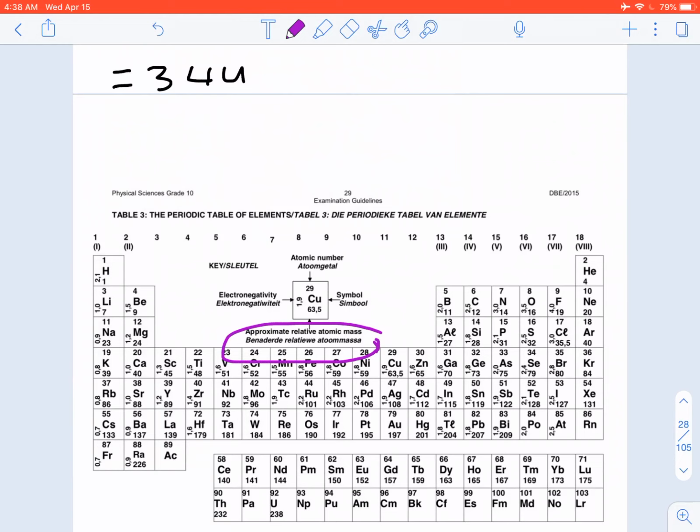However, we have chlorine, which is given as 35.5, and we got copper given as 63.5. The rest are given as whole numbers, as we are more interested in the concepts than really giving the values in terms of 3, 4, 5 decimal numbers. That becomes more relevant if you go into higher chemistry and you want more accurate results.